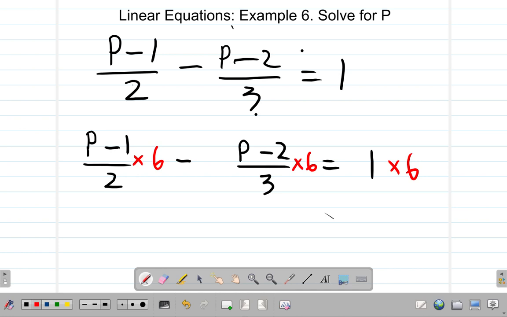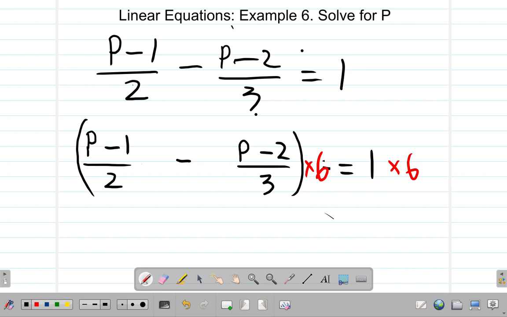Now, to backtrack a bit, notice here that I could just put everything here in a bracket and say I'm going to multiply this by 6. Alright? So everything here by 6 equals 1 times 6.